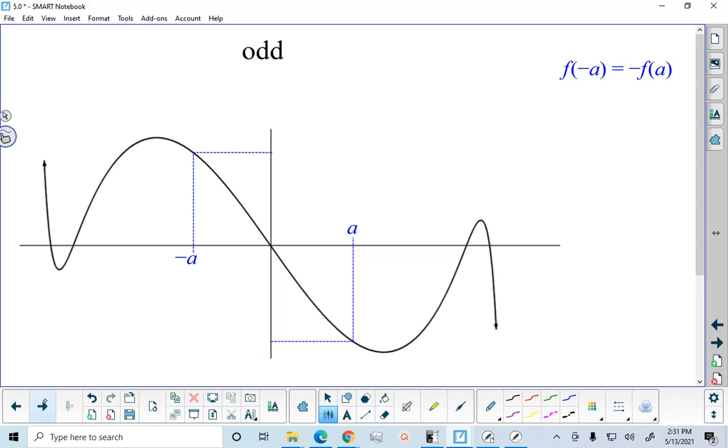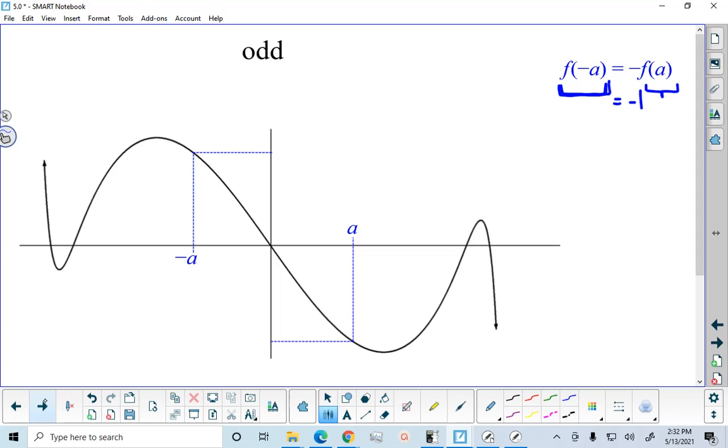So what this means is that f of negative A, which is the y-coordinate at negative A, is negative 1 times f of A, which is the y-coordinate at A.